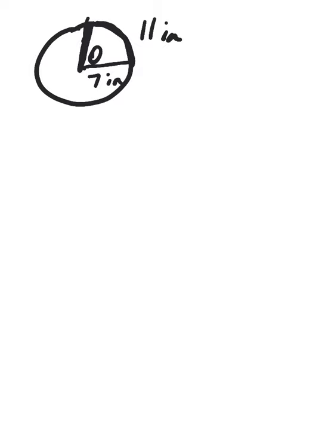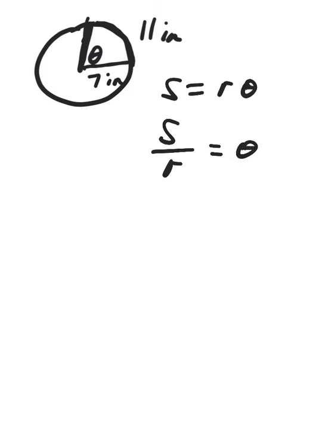Can we find theta? Since arc length is radius times theta, if you divide both sides by radius, you get S over R equals theta. So for this particular diagram, 11 over 7 radians.